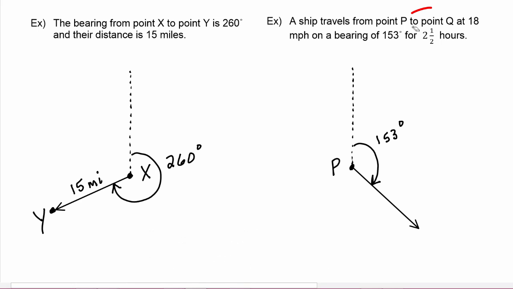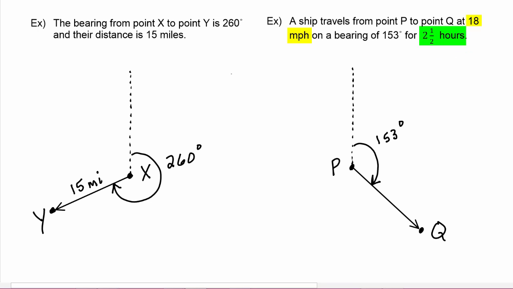We know that the bearing is looking towards point Q, so we make a point there and call it Q. And now we can figure out the distance between those 2 points by using the fact that it's traveling 18 miles per hour for 2.5 hours.